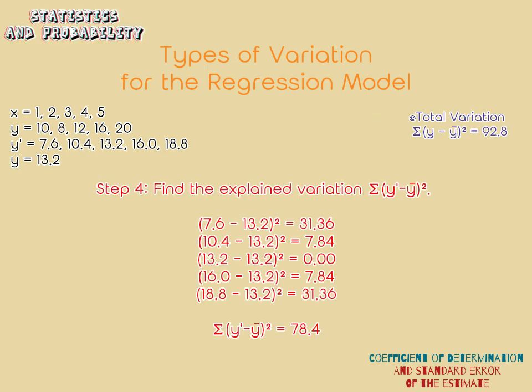Step 4 is to find the explained variation with the use of the formula: the summation of y prime minus y bar squared.